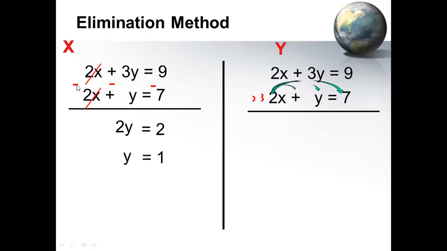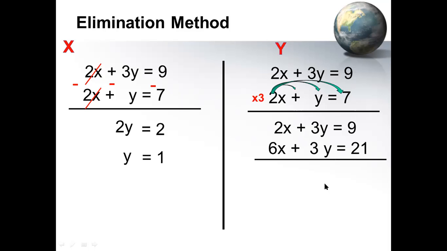On the other equation, I will multiply y by 3 to get 3y. So I will write the first equation as it is, 2x plus 3y equals 9, and then 6x plus 3y equals 21. Since 3y and 3y are the same, it's easily eliminated by subtracting the two equations.